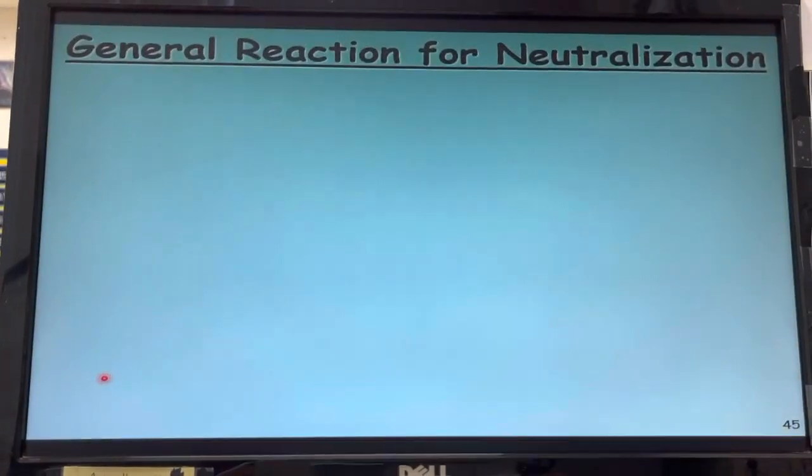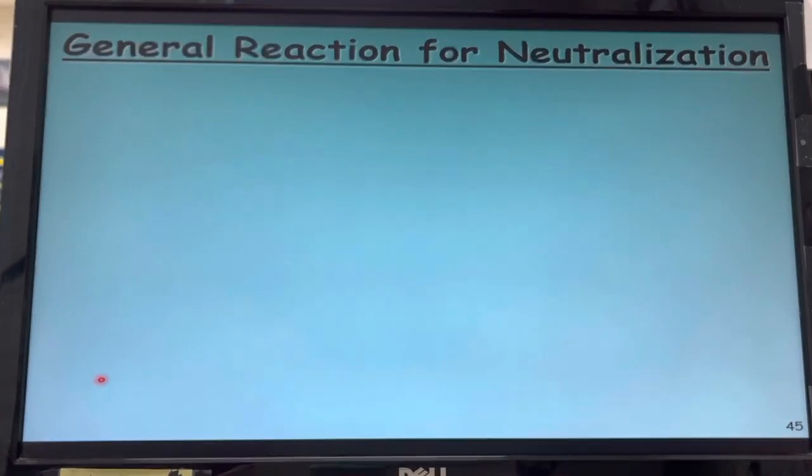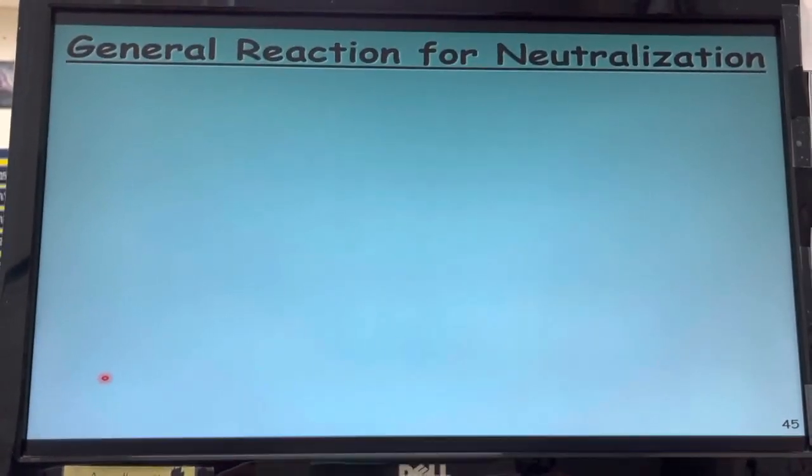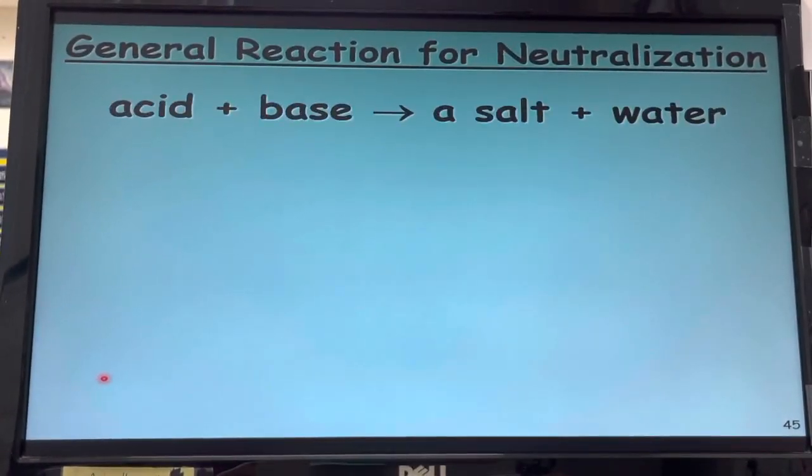So we're on slide 45 right now. The general reaction for neutralization is you take an acid and mix it with a base and you get a salt and water. The key component here is this A, because if I had just put salt, you would think sodium chloride, because most people think that.